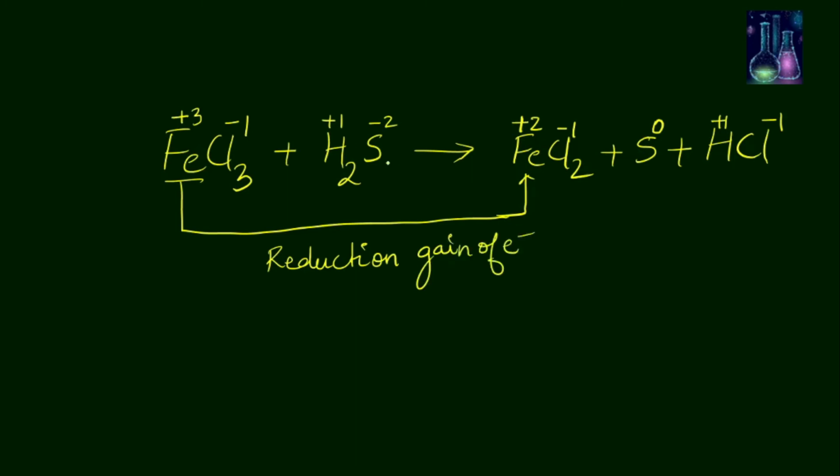And sulfur -2 is converting into 0. So that is oxidation, that is loss of electron. I hope you understood how to identify reduction and oxidation by the oxidation number method. And let's identify who is the reducing agent and oxidizing agent.